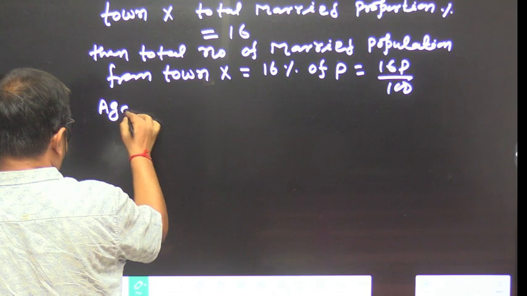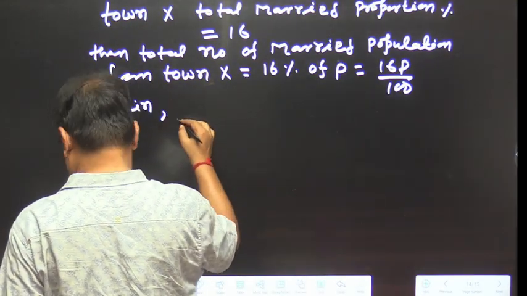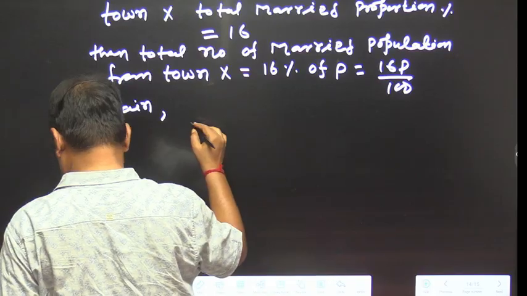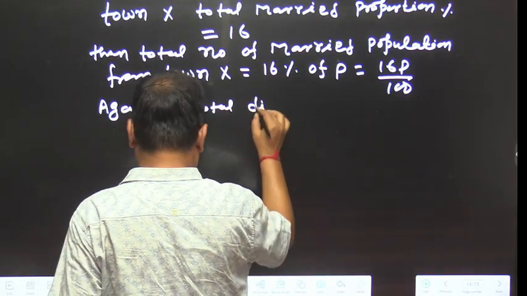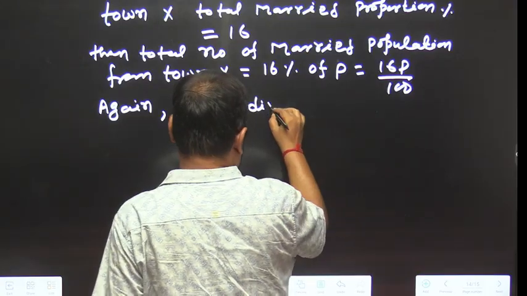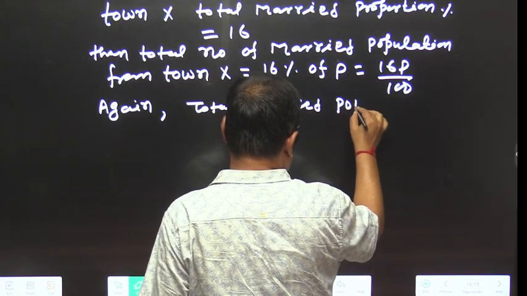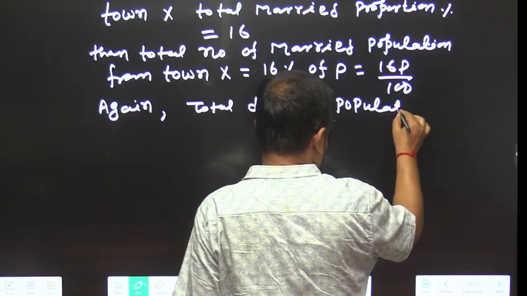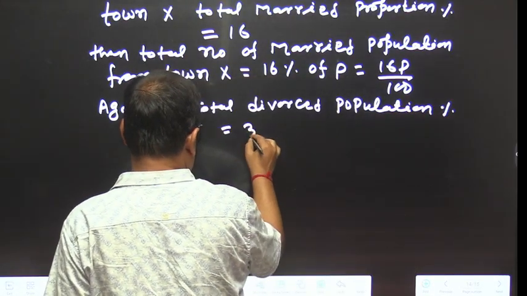Again, from table 2, the total divorced population percent equals 38.